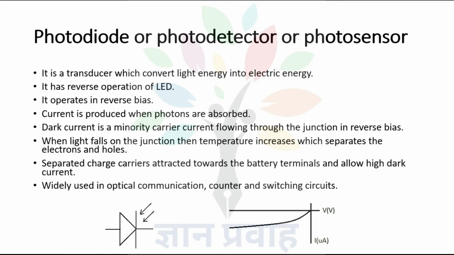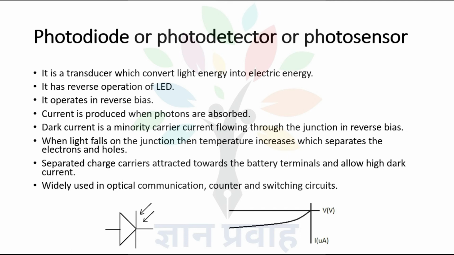In reverse bias, there is minority charge carrier current and the depletion region width is large compared to forward bias. So when light falls on the depletion region, photons are absorbed, and these photons are responsible for the minority charge carrier current.